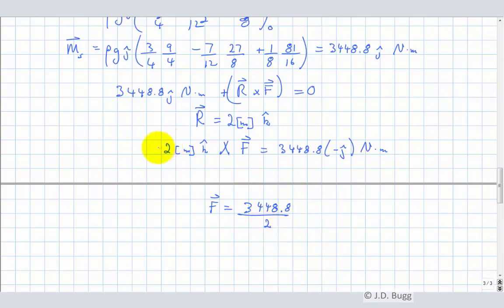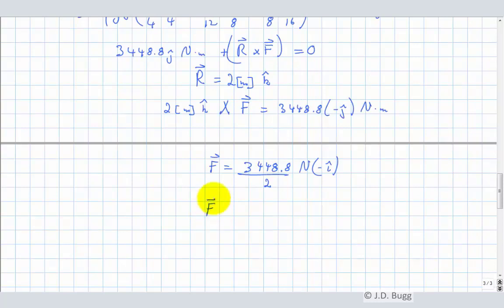Remember this 2 here. Units of that is simply going to be newtons, because we have Newton meters divided by meters. And the direction is going to be minus i. So k cross minus i is equal to minus j. And so that force ends up being minus 1.72 i kilonewtons.